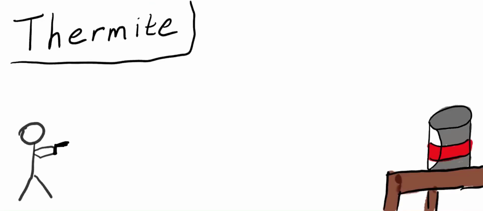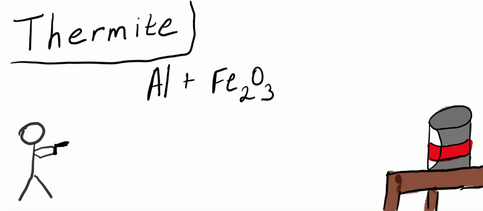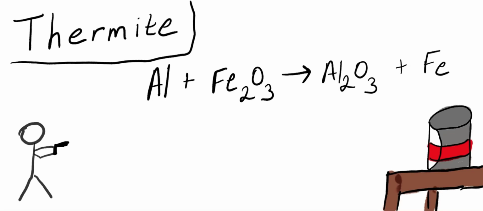Let's look at an example of this with thermite. Thermite is known to release tons of heat and explosive potential. One example of this is in Breaking Bad, where Walt and Jesse are trying to break into the chemical plant to get their first barrel of methylamine. So the chemical formula for thermite is aluminum plus iron(III) oxide yields aluminum oxide and iron. When we look at this equation, we see that the lone element on the reactant side is a metal.